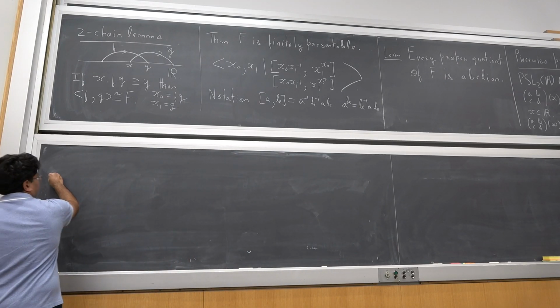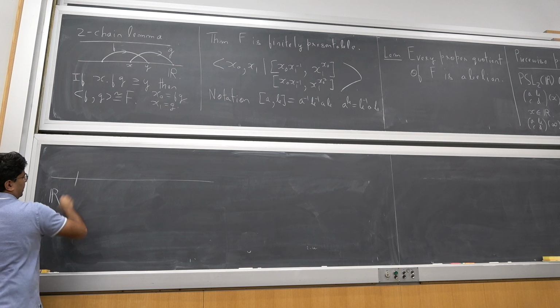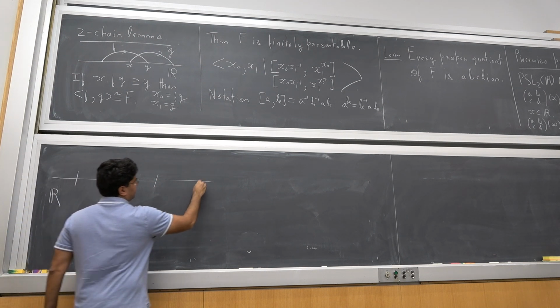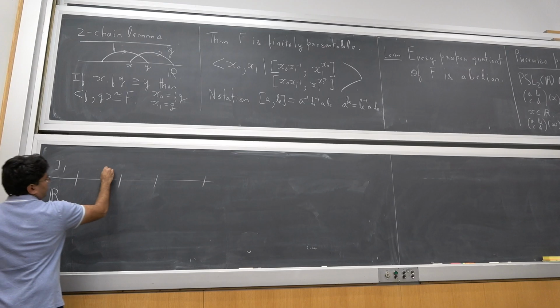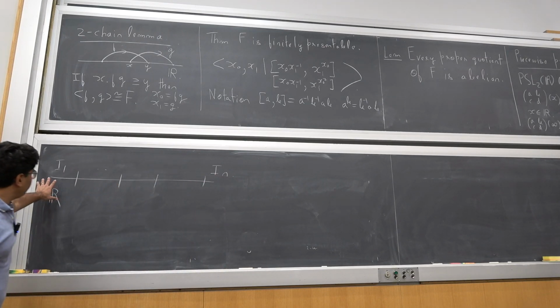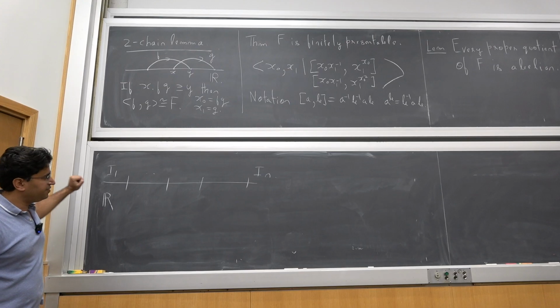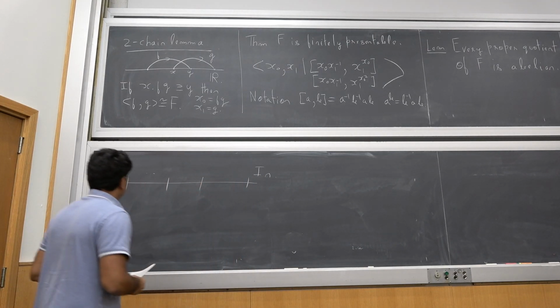So if I take a copy of the real line and slice it into finitely many intervals, let's say I1 through In, so the left endpoint of I1 will be minus infinity and the right endpoint of In will be infinity.